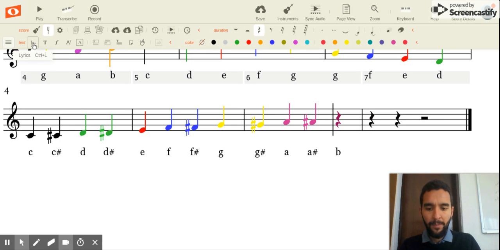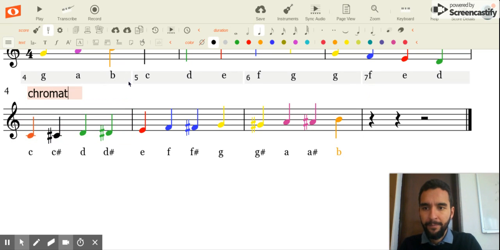Let me put the B again. Good, and I want the B in orange. And this is something that we call, I'm going to put the name in here, the chromatic scale.